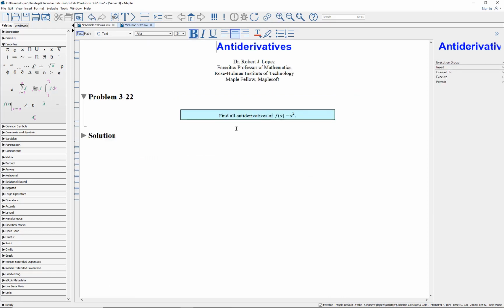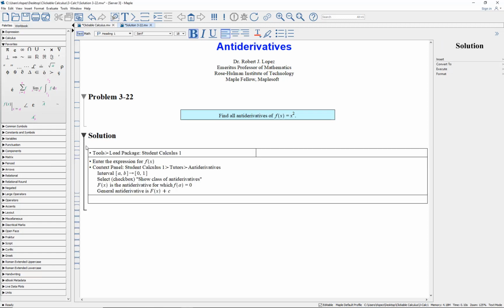And so let's look at this problem. Find all antiderivatives of x squared. Do it at the beginning of the discussion where you want to get antiderivatives without having to jump the gun and say int in Maple. Well, here's how you can do it.